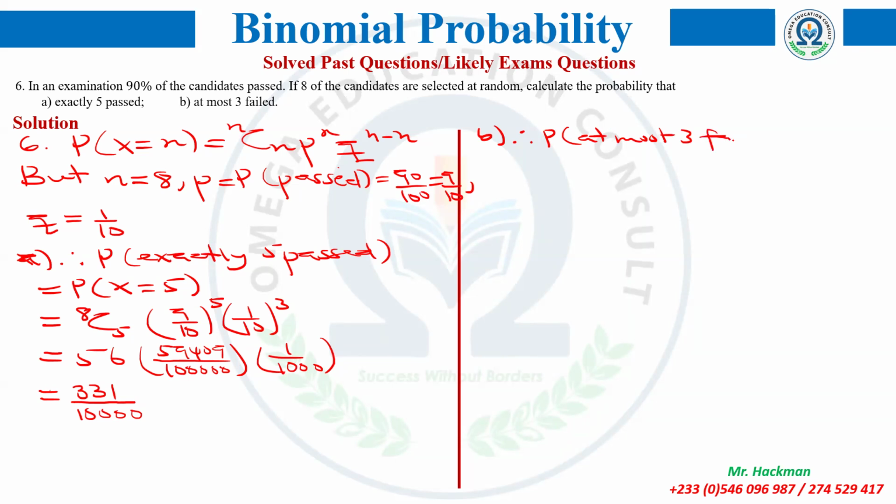So you write P, equal to the probability of at least 5 passed.